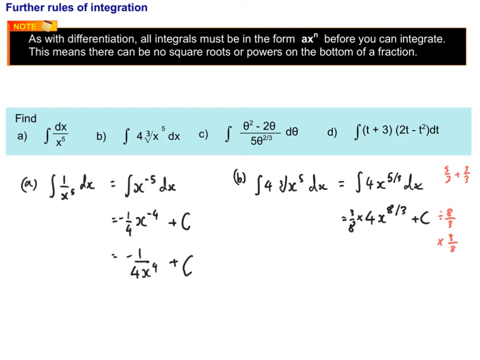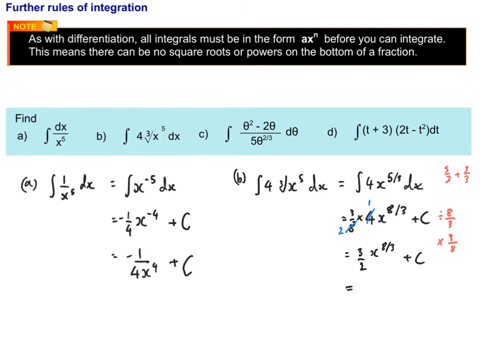All I need to do now is tidy it up a bit. So I've got this 3/8 times 4. Well, rather than doing any multiplication, I can simplify this. I can divide that by 4 and that by 4. So I've got 3 over 2 lots of x to the power of 8/3 plus c.